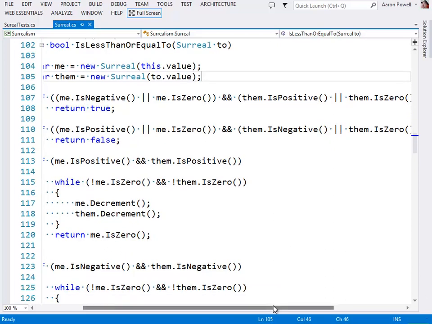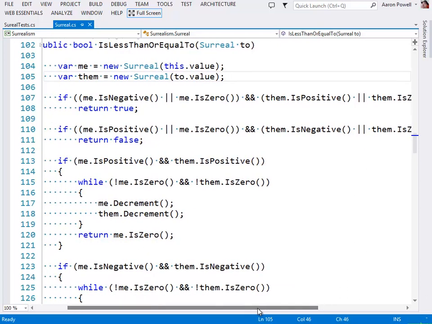And then basically what it becomes is a race to who gets to 0 first. Whoever gets to 0 first is the smaller of the two numbers. So what we do is check if we're both positive numbers. While we're both positive and neither of us is 0, we both decrease our value.